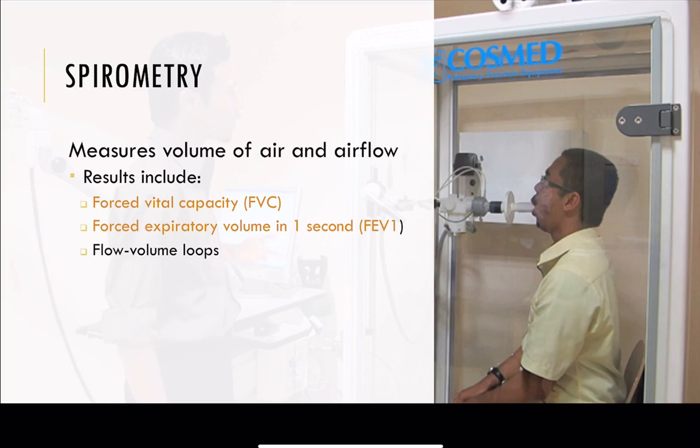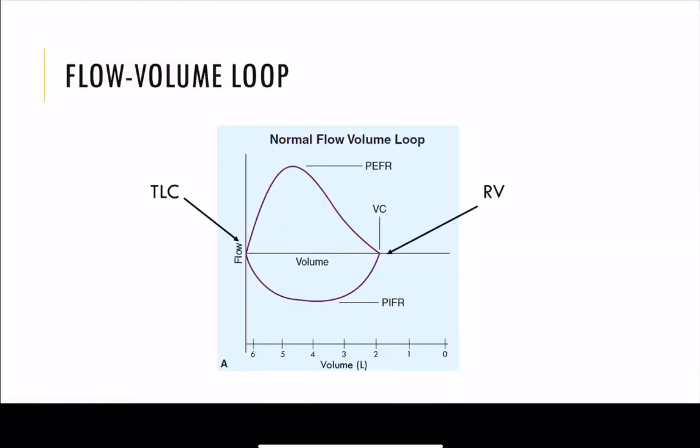The information from these studies can be graphically represented in a flow volume loop, seen here, where you have volume of air on the x-axis and flow rate on the y. So if you trace this up, this would be the start of your inhalation, right? This volume here represents your residual volume.